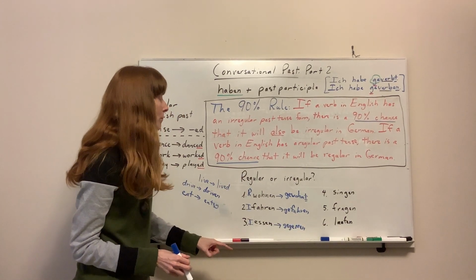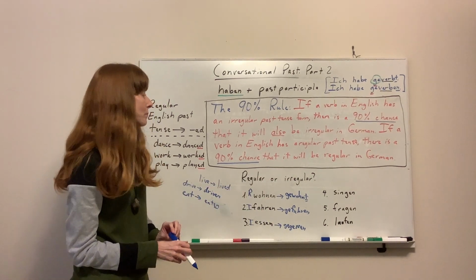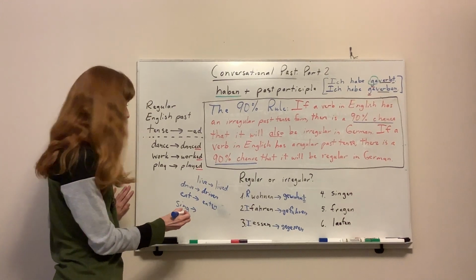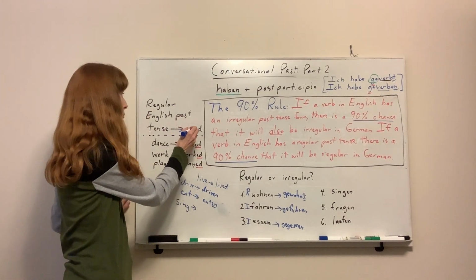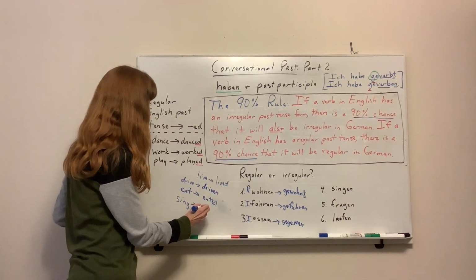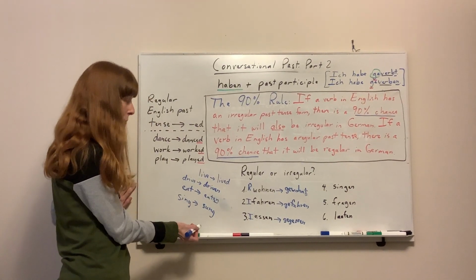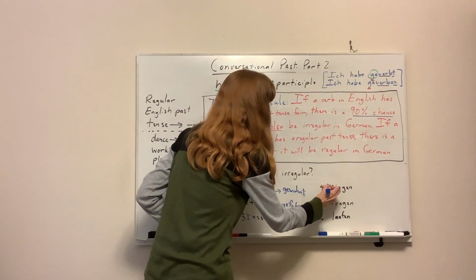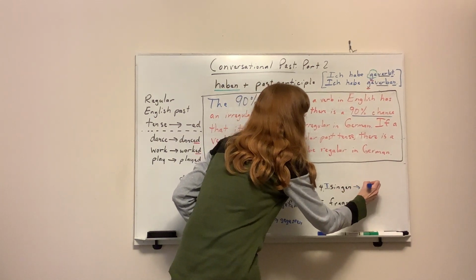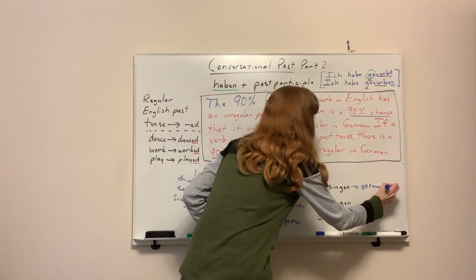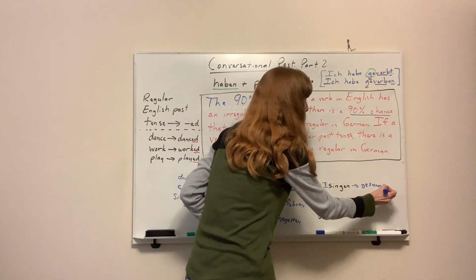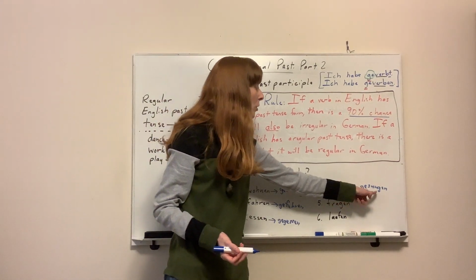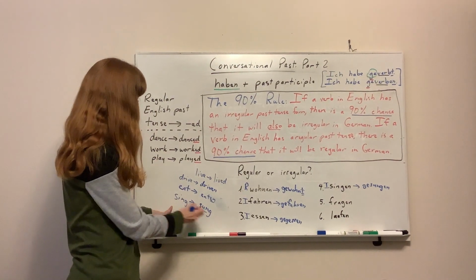Okay, singen, to sing. In English, I wouldn't say I singed. That would be wrong. We would not put the ed there. I have sung. So this one is irregular. There's a 90% chance it'll be irregular in German, and it is. It changes to gesungen. So we still have our g, we have our en for irregular, and you may notice that it went from singen to sungen, just like it did in English.